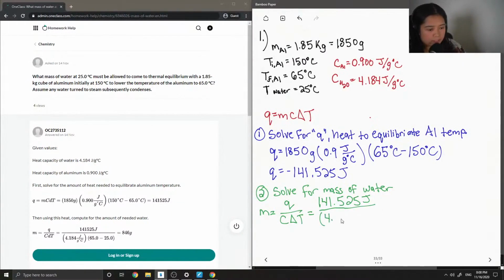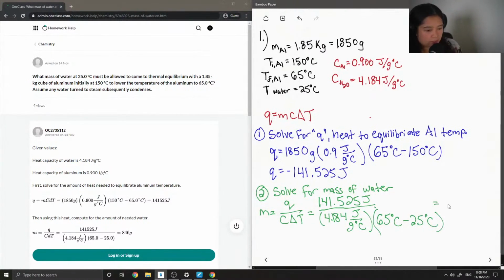The specific heat capacity of water is 4.184 joules over grams times degrees Celsius. And the delta T is just 65 minus 25.